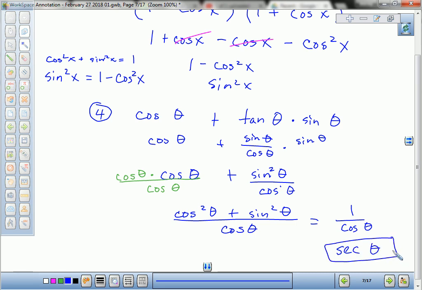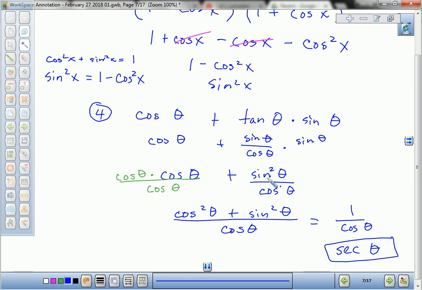You got lost at the green? Yeah. Okay, so if I'm trying to condense it to a single function, and right now I have two separate ones, I have to put them together. And the way I can put them together is by getting a common denominator. My only denominator is cosine of theta. So this one I have to create a denominator, but I can't change the value.